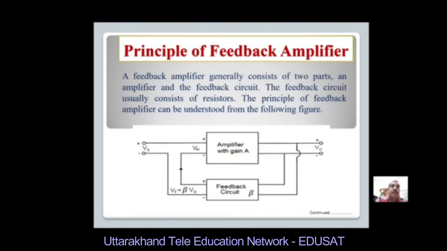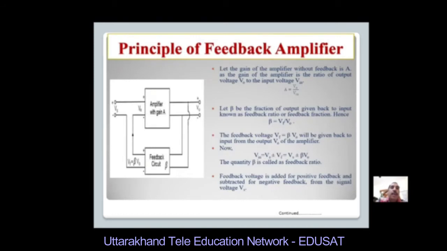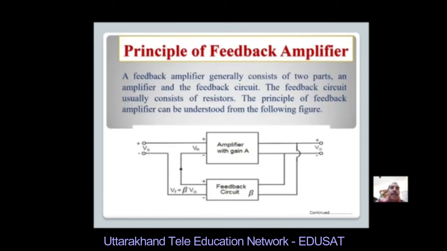Now let us try to understand the principle of feedback amplifier. As shown in the figure, a feedback amplifier has two main parts. One is the amplifier and another is the feedback circuit. As I told earlier, the feedback circuit usually consists of resistors. Vs is the input given to the amplifier and Vo is its output if there is no feedback.